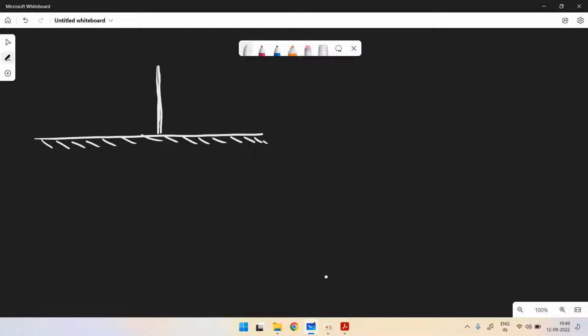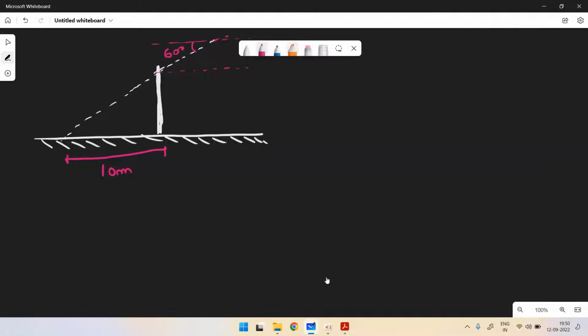The sun, rising from the east direction, makes the length of the shadow of this pole on the ground suppose 10 meters, and the angle of depression of the sun is given to be, let's suppose, 60 degrees.